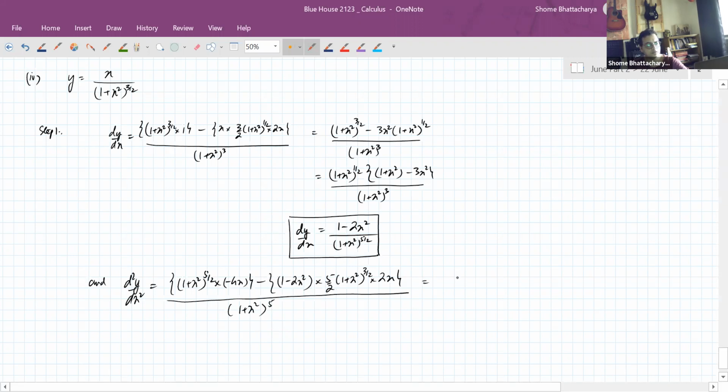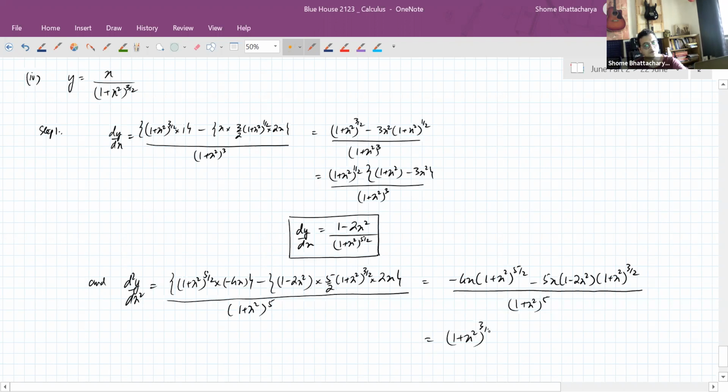So once again, you can see that we'll be able to take something common over here. This will become, so we can take 1 plus x squared to the power 3 by 2 common.